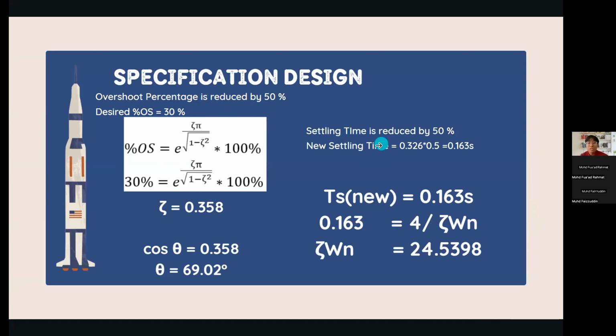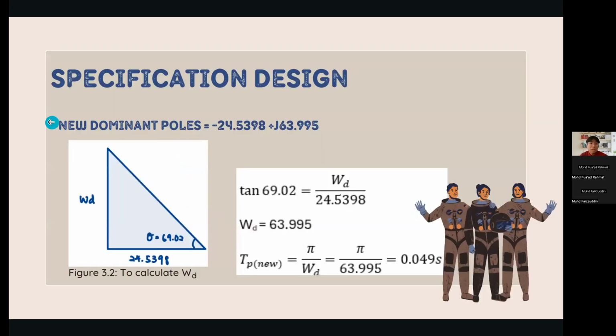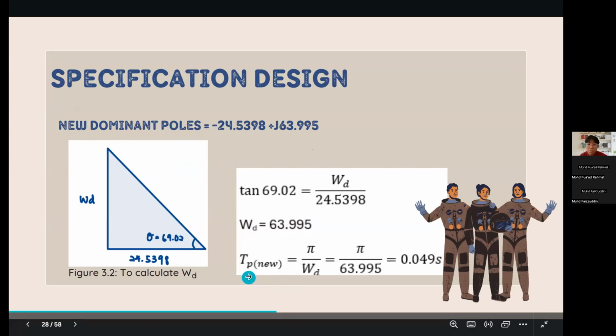The new settling time is also reduced by 50%, so it's 0.163. By the new settling time, we are able to get the value, and from here we can calculate the new dominant pole. From the imaginary part of the pole, we can get the new peak time, which is 0.049 seconds.